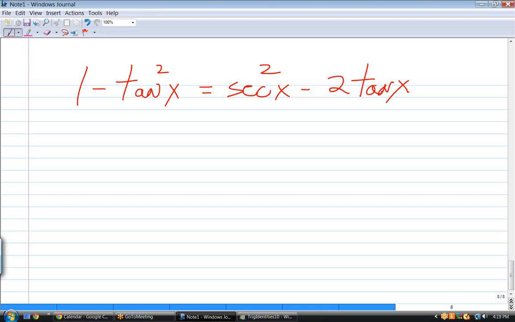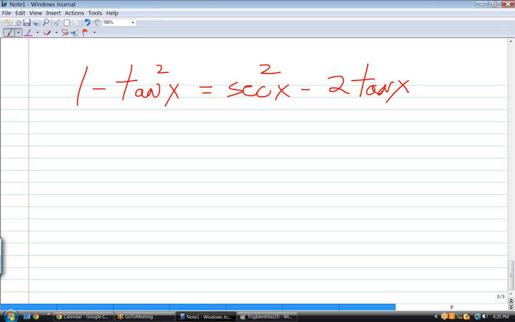So I could go the route of turning it into sines and cosines, but it might not be the best way to go. Okay. Which is the more complicated side? They're equally complicated. Yeah. You can make an argument that the right side is more complicated. But this book tends to, you fool with the left side, okay?